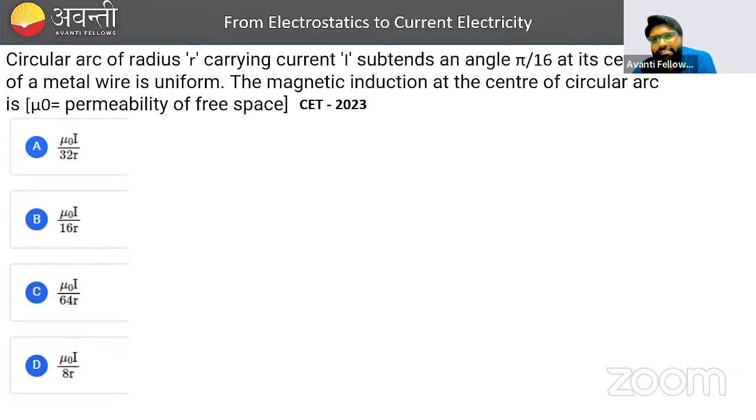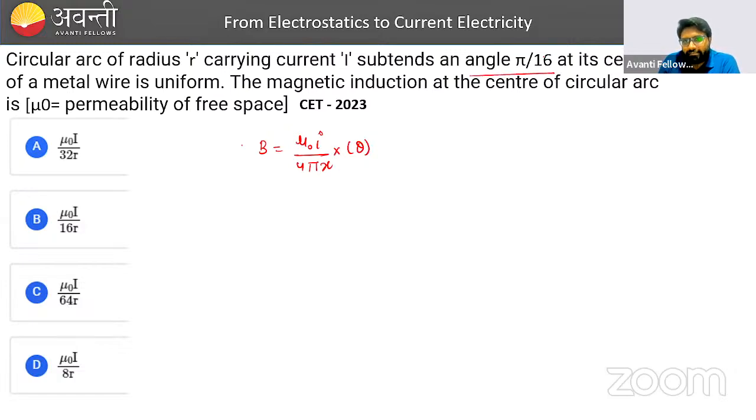The magnetic induction at the center of the circular arc is. See, the same question has come. Here also, what do you need to apply? B is equal to mu naught I upon 4 pi r into theta, and theta you need to put in radians.